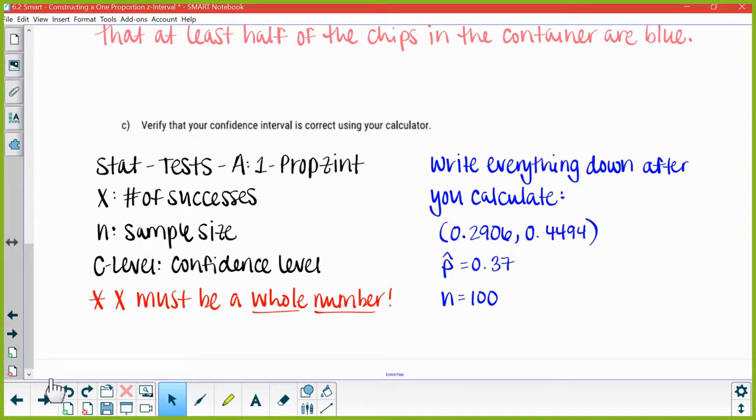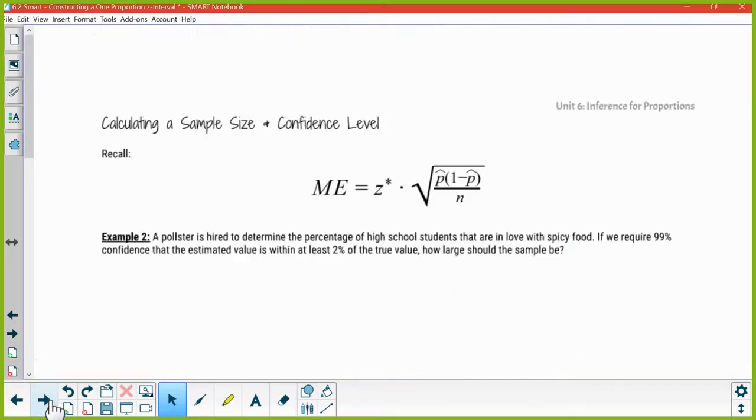Now, let's go ahead and get to the last little bit of content. Calculating a sample size and confidence level. This is all going to be mostly algebra, plugging in things to a formula, figuring out what's missing. I have my margin of error formula: z star times the standard error, square root of p hat times 1 minus p hat, all over n.